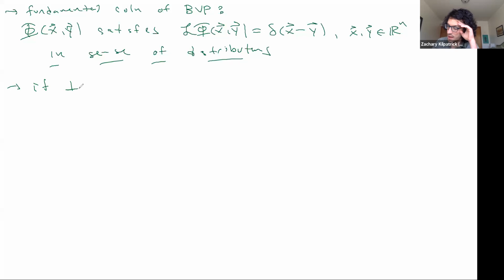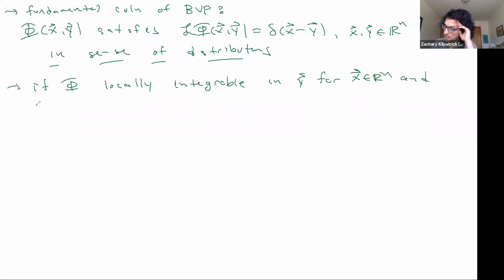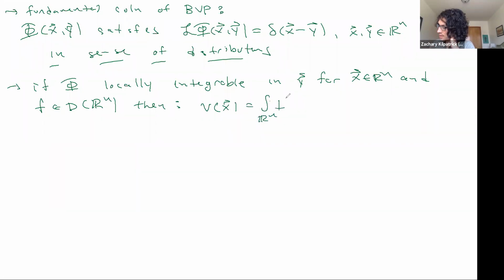So if Phi is locally integrable in y for x living in Rn, and let's say that f lives in the space of test functions, so now we're assuming that f is infinitely differentiable, then the following is true. v of x is equal to the integral over Rn of Phi(x, y) f(y) dy, which we can write as capital Phi integrated against f, or Phi acting on f in the sense of distributions.